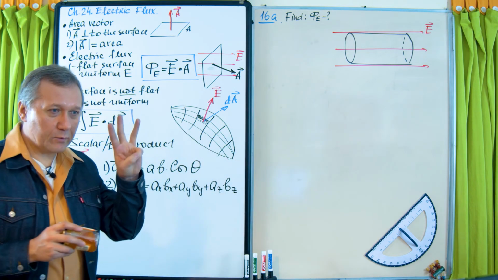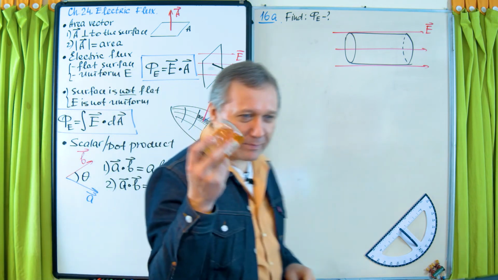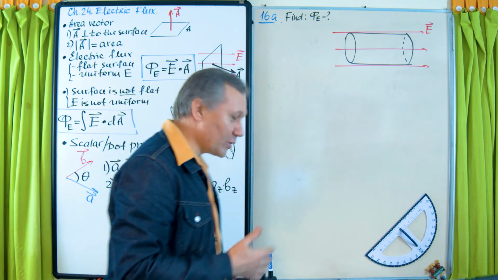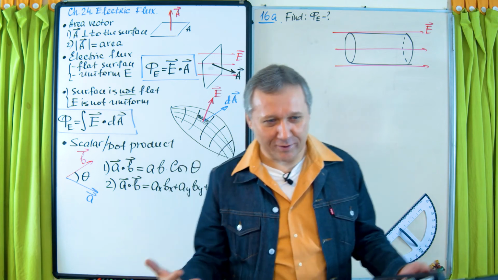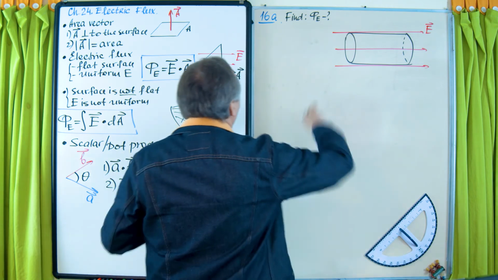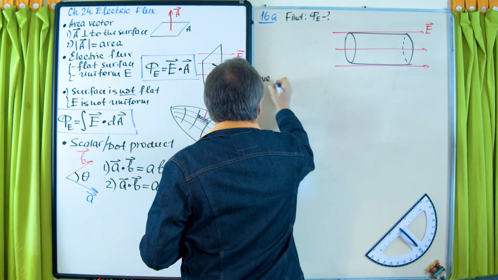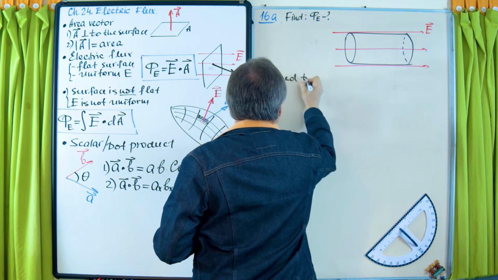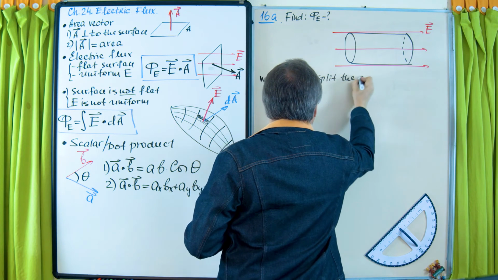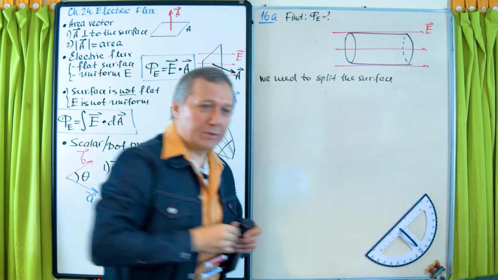So we'll have to calculate 3 fluxes. In Gauss's law, we're going to do this many times. That's why I picked this problem, sort of to prepare you emotionally and physically for Gauss's law problems. So underneath I will write: we need to split the surface into 3 parts.